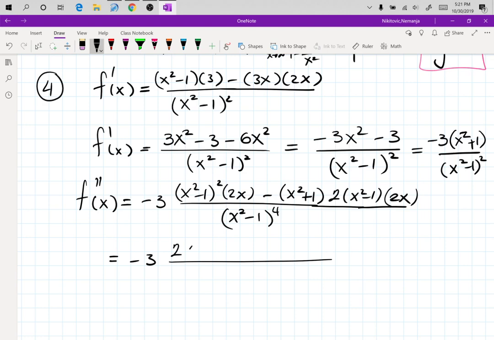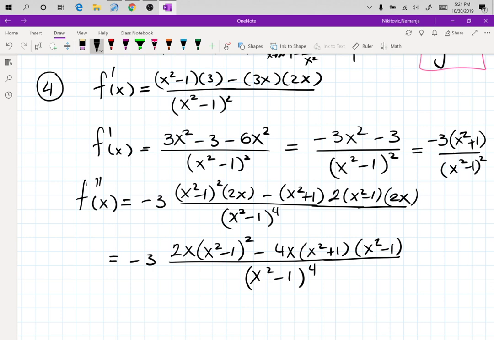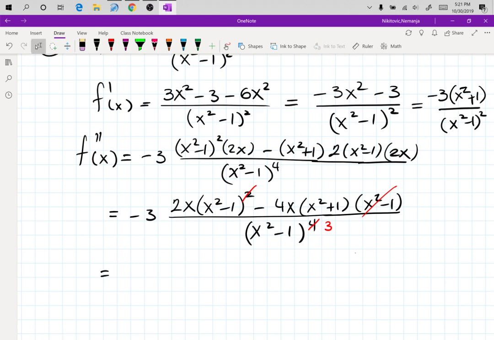Oh, this time I will be able to cancel some of the x squared minus 1s, right? Because I got 2 of those in here, and then minus 4x, x squared plus 1, and x squared minus 1, and then x squared minus 1 to the 4th. So I can cancel one of these and get 3 over there. So what do I have?